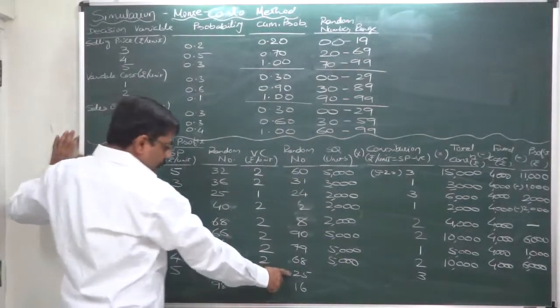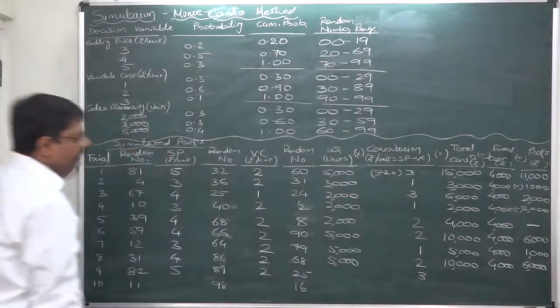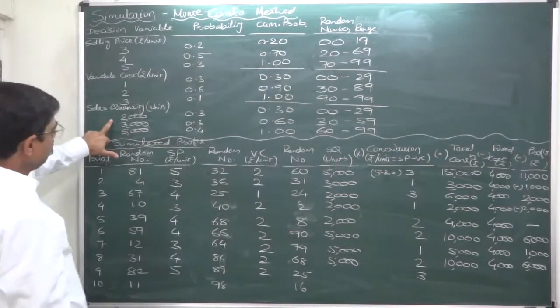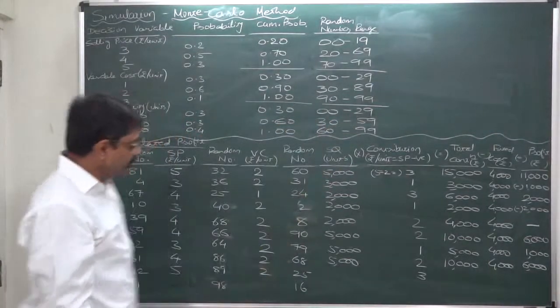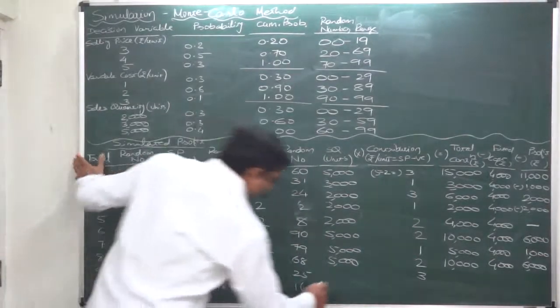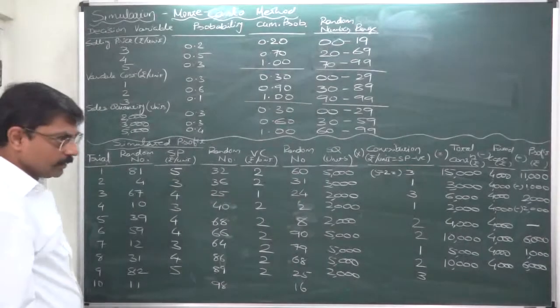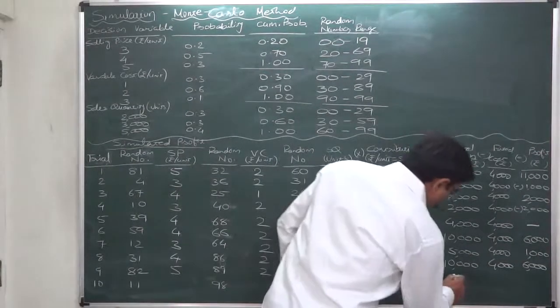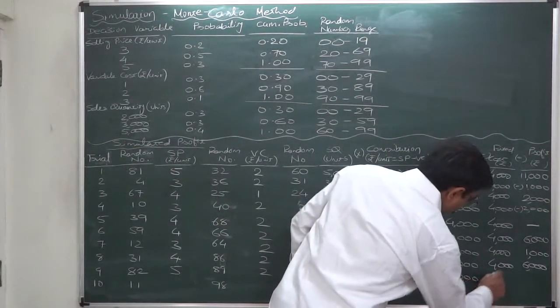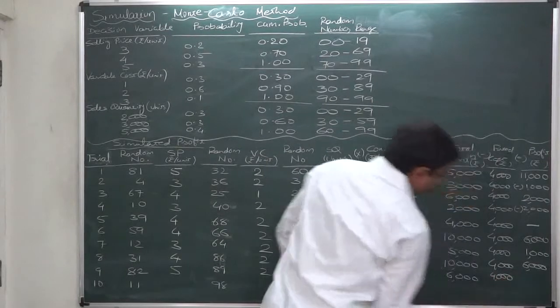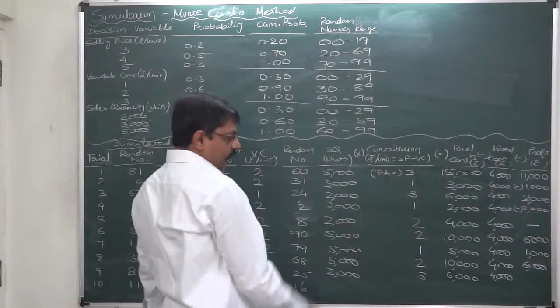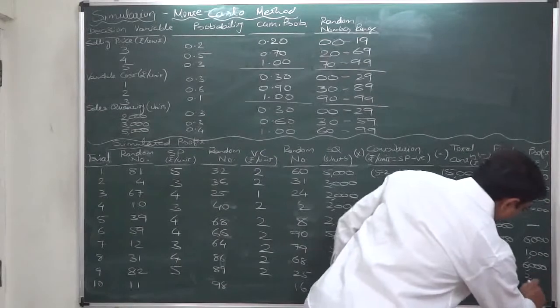Third random number for the 9th trial is 25, that is for sales quantity, it falls in the range 00-29, so the sales quantity can be expected of 2000 units. 2000 into 3, total contribution amounting to rupees 6000, from which fixed cost is written off, again we can write off 4000 and ultimately 2000 profit.